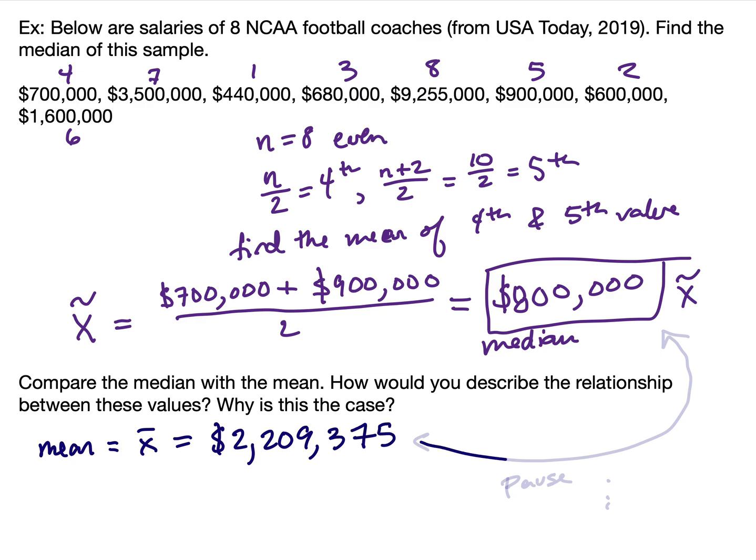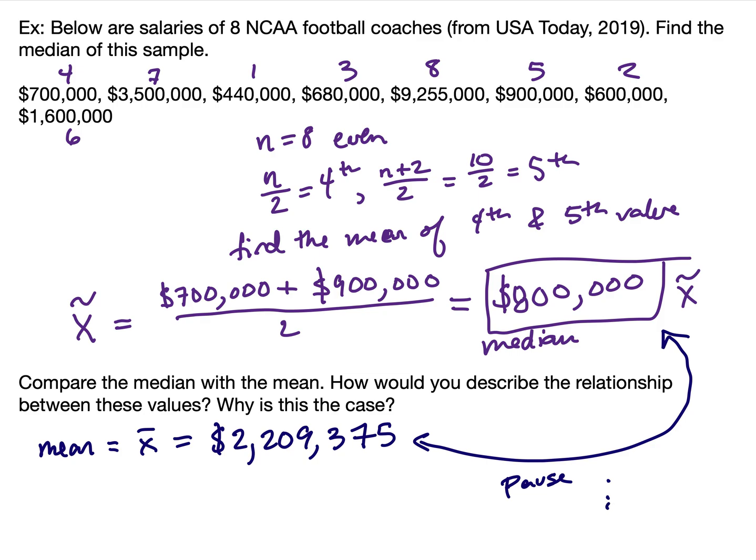So let's compare those two values, and I'd actually like you to pause just for a moment to think about this. How would you describe the relationship between these two values, and why is that true in this case? So pause and we'll talk about it in a second.